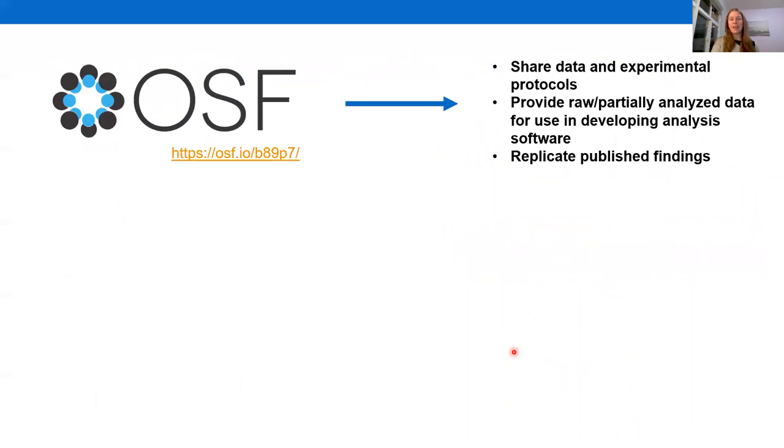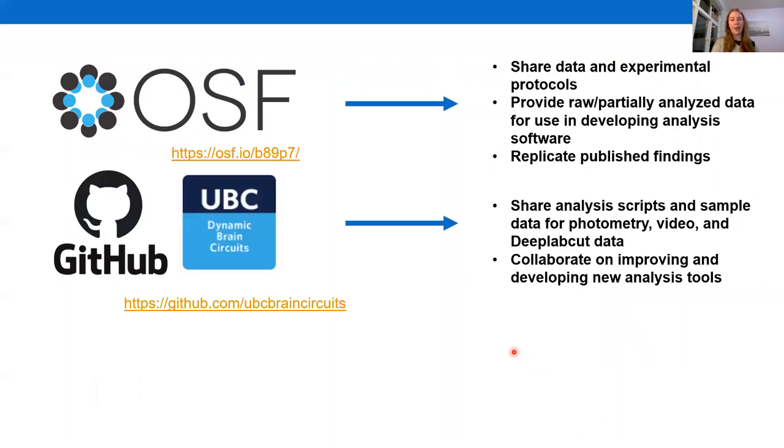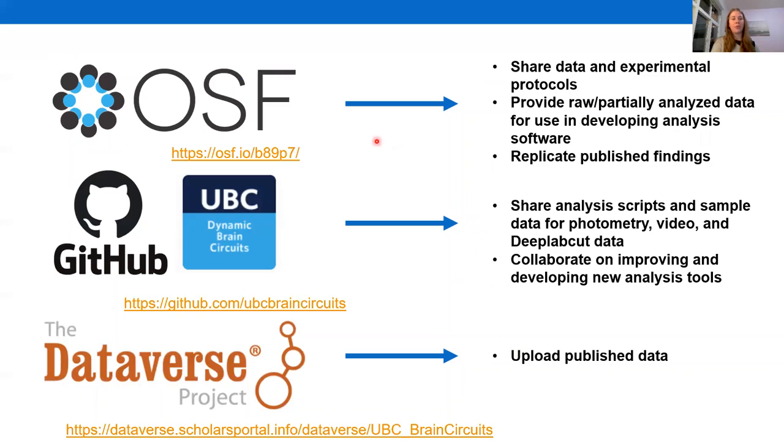So all of this data is already or will in the future be shared on these online platforms shown here. So raw and partially analyzed data will be available on the Open Science Framework. And also I'm planning to put this on the CONP portal too. GitHub is where you can find my analysis scripts as well as sample data.